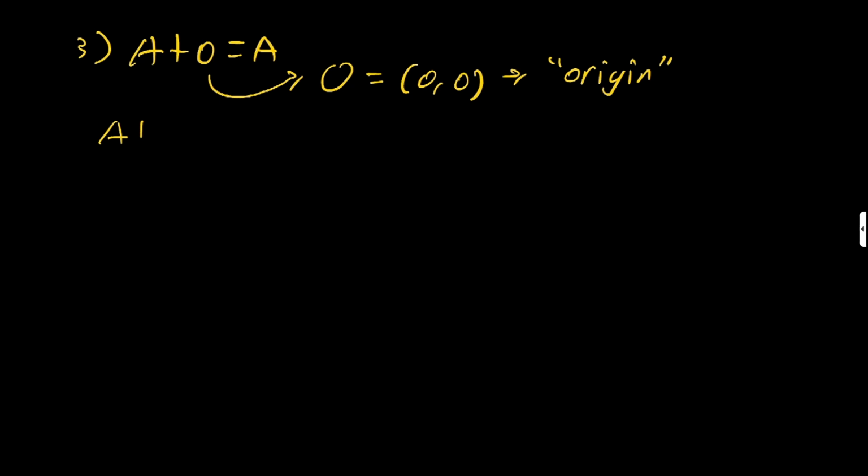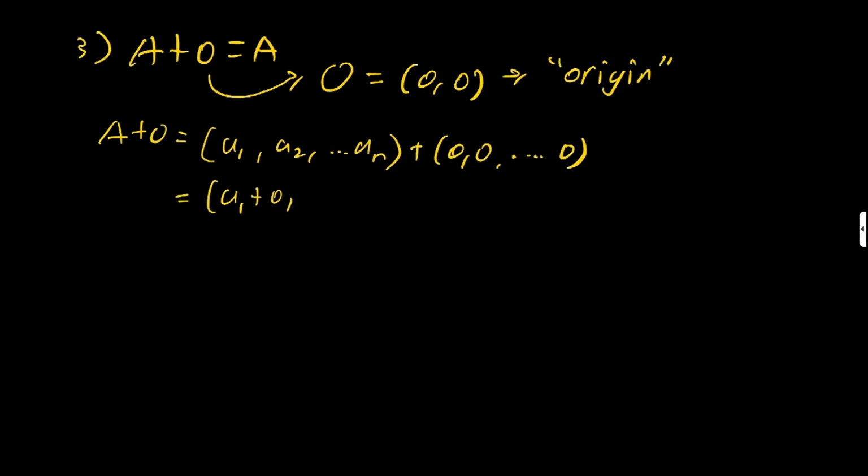So simply put, this is easy to prove. Just show that the ordered sequence of real numbers for each point added with 0, 0, 0 is just equal to a1 plus 0, a2 plus 0, and so on up to a sub n plus 0. And of course, this is just equal to a1, a2, a sub n, which is equal to a.